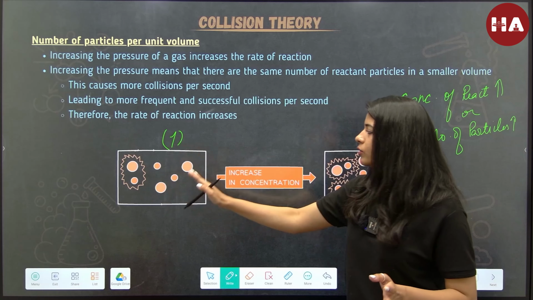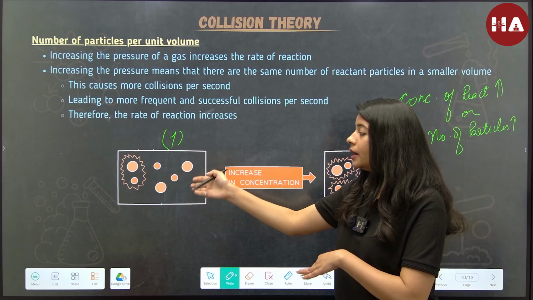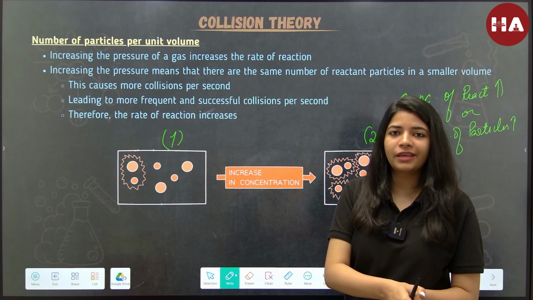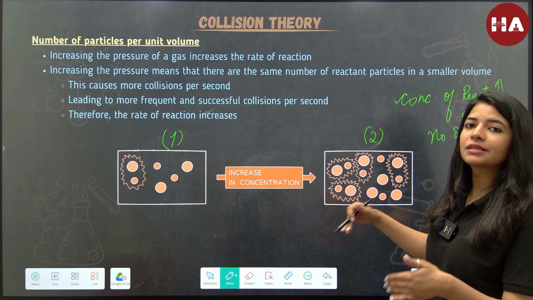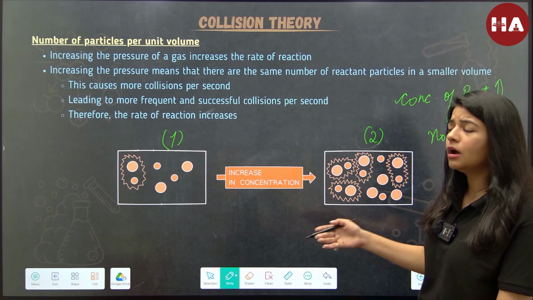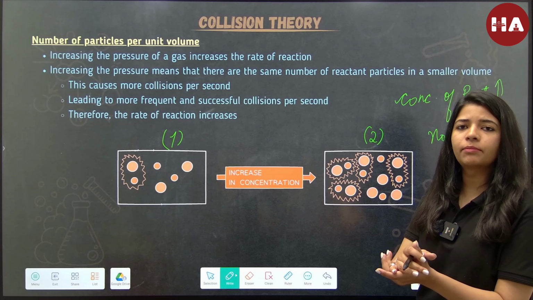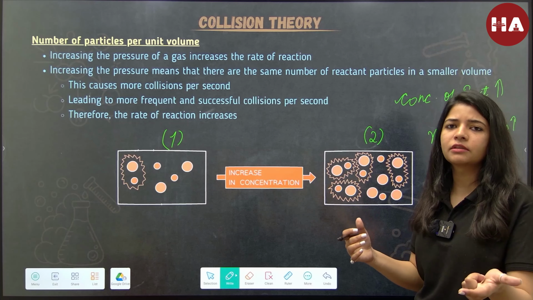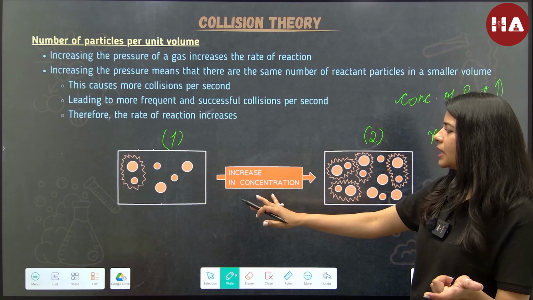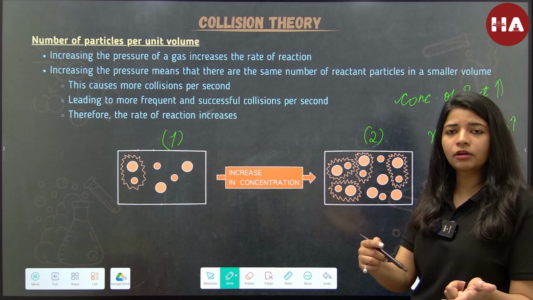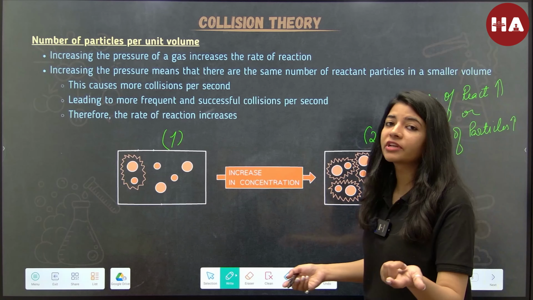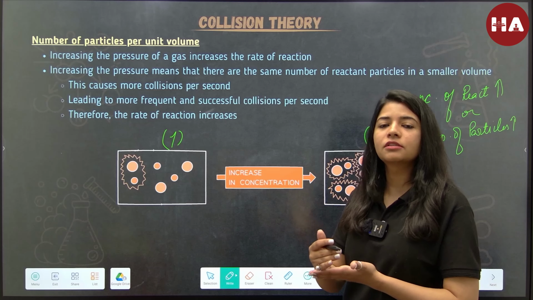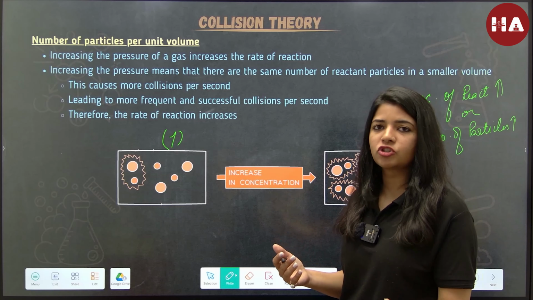This can result in successful or unsuccessful collision, and because the number of particles is greater in this particular beaker, more collisions will take place. They can be either successful or unsuccessful, but in comparison we can say that concentration really matters. If we increase the concentration of the reactant, then the chances of getting successful collision are more.